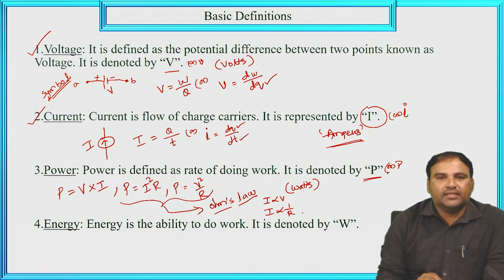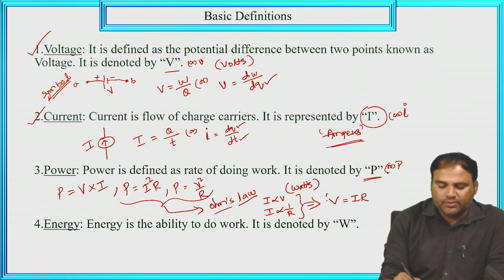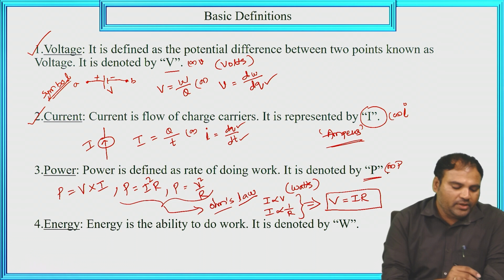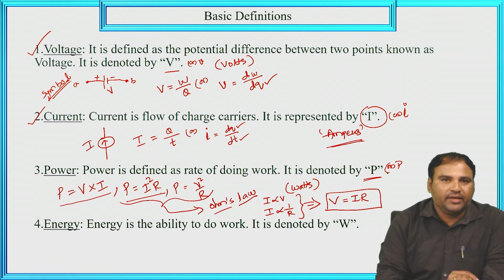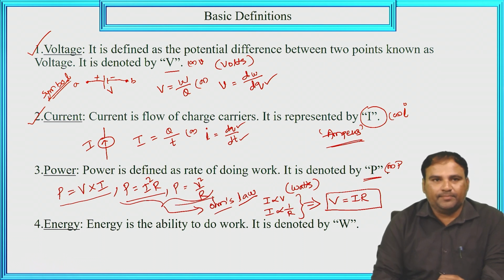By using these two conditions, we can write V equal to I into R. This is the voltage equation according to Ohm's law. The generalized voltage equation is V equal to W by Q. So the power equation is P equal to V into I, P equal to I square R, or P equal to V square divided by R.